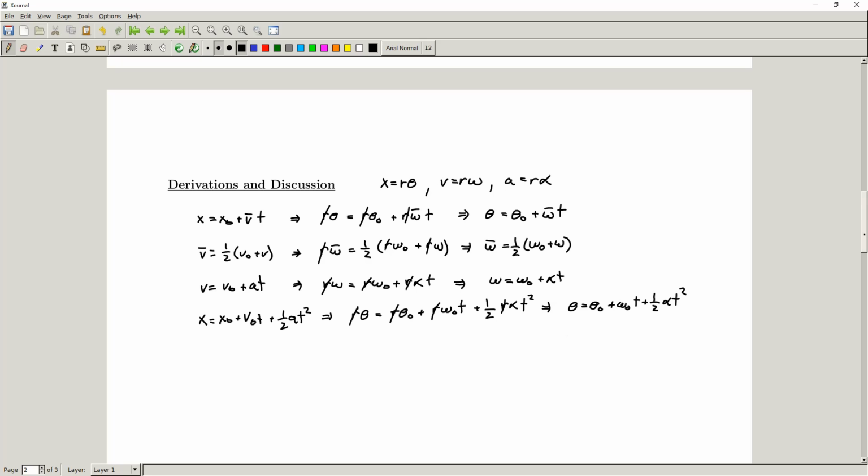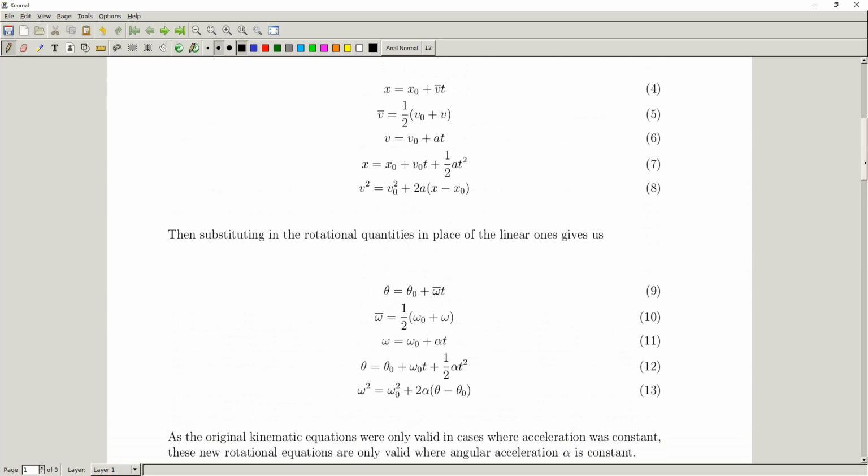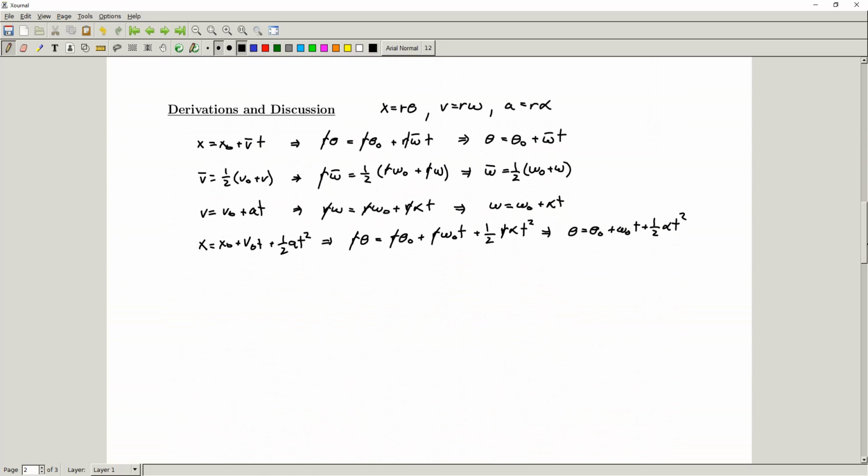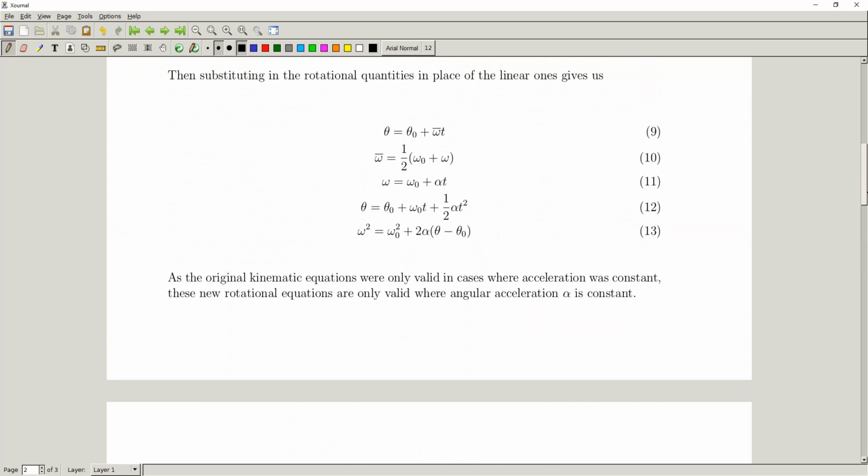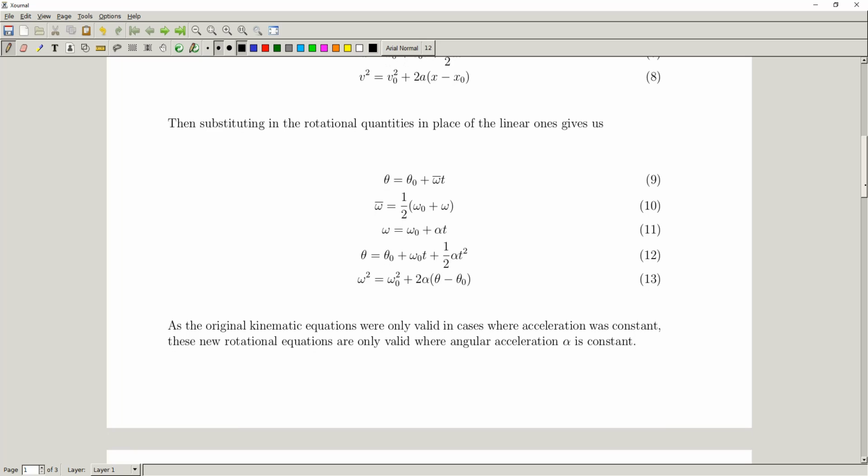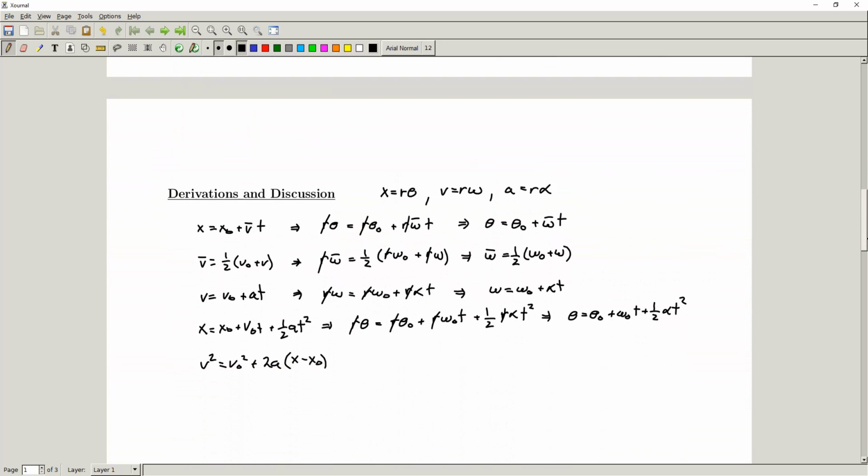So that's that one. And maybe I'll just do the very last one here. So we have v squared equals v naught squared plus 2a times x minus x naught, right? And so what are we expecting to see? Well, we're expecting to see that this is going to turn into this equation here.